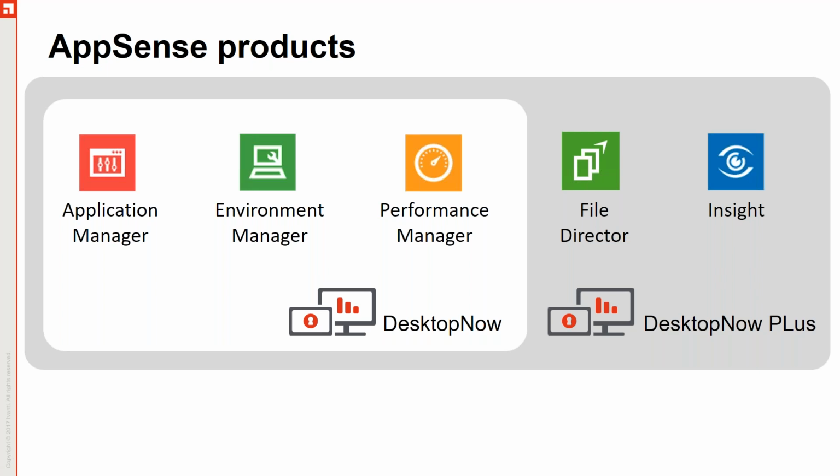If you just wanted to control what applications ran for a user, you just buy Application Manager. If you wanted to configure the user's environment as they logged on and replace logon scripts and group policies, you do Environment Manager. If you wanted to manage CPU and memory and get increased user density, you'd buy Performance Manager.